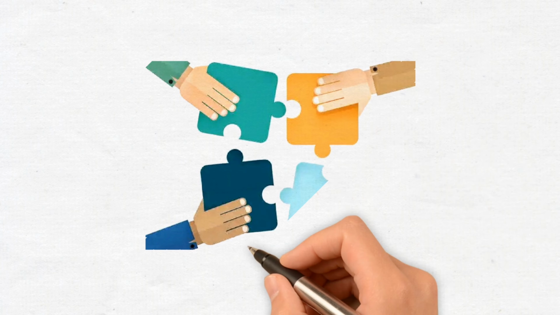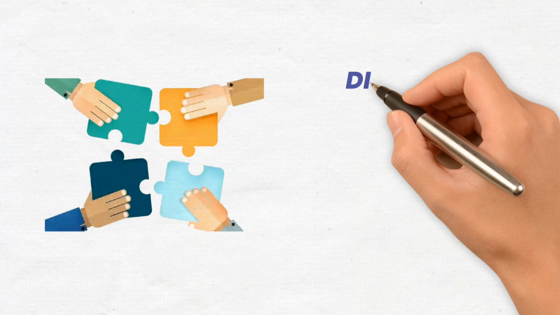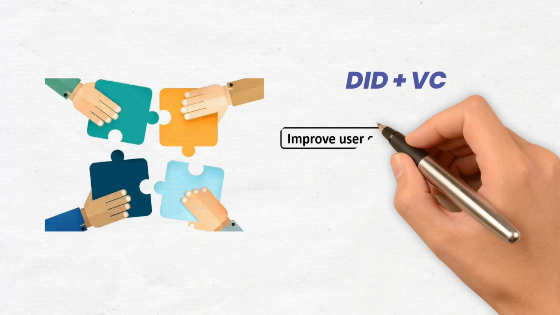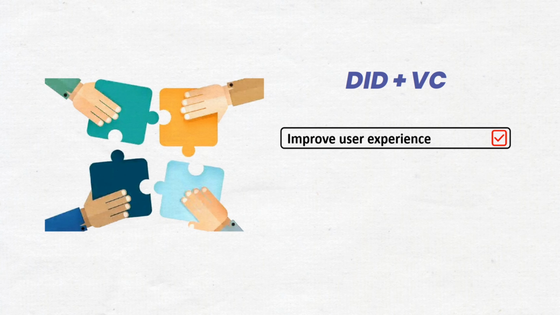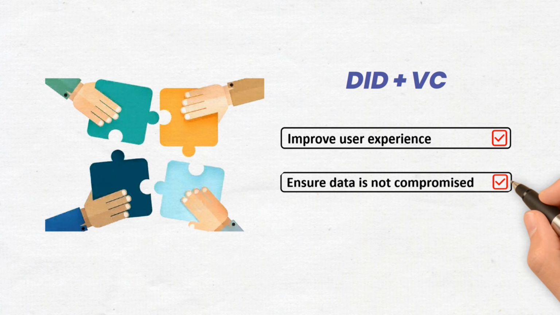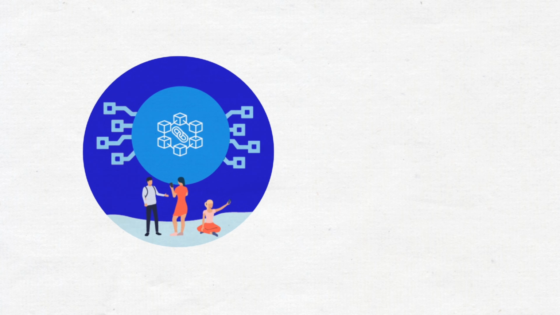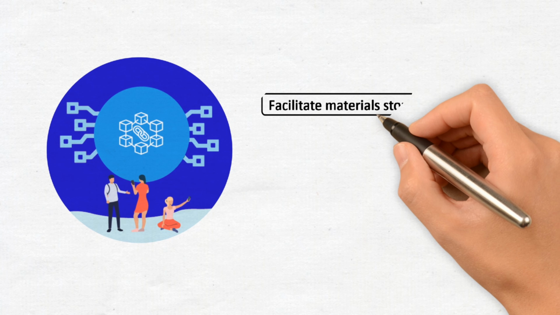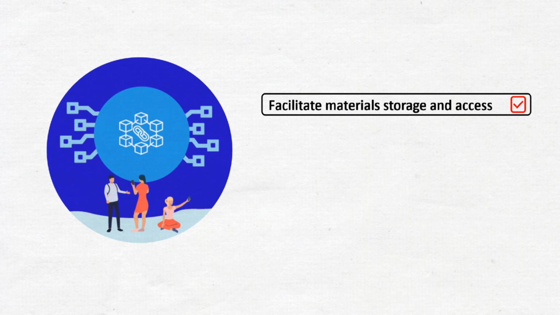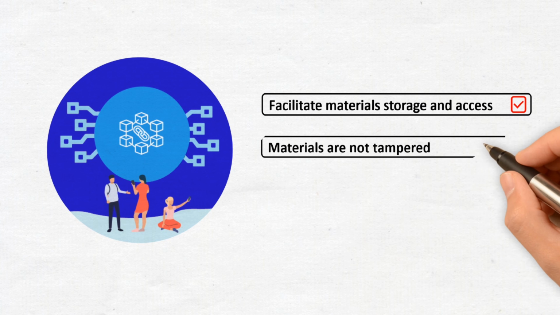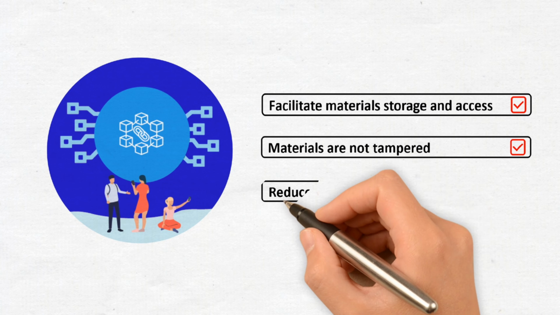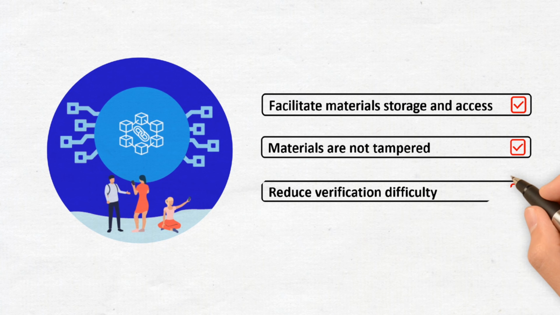Similarly, in cross-department governmental processes, DID plus VC can improve user experience and also ensure that user data is not revealed elsewhere. When companies do due diligence on their employees, DID plus VC facilitates proper material access and storage, and in the meantime ensures a tamper-proof process, and at last avoids the difficulty of verifying the authenticity of certain information.